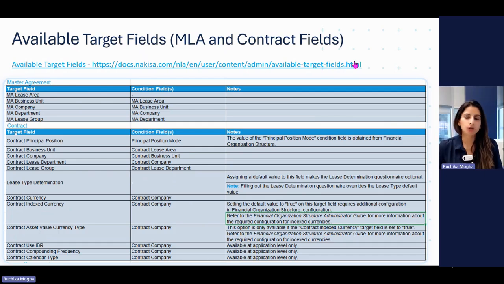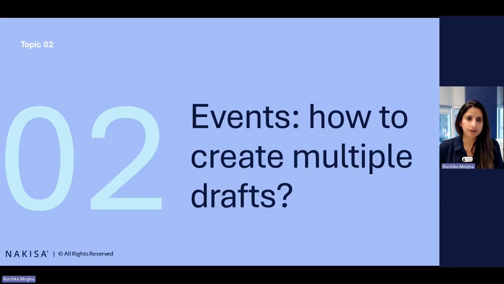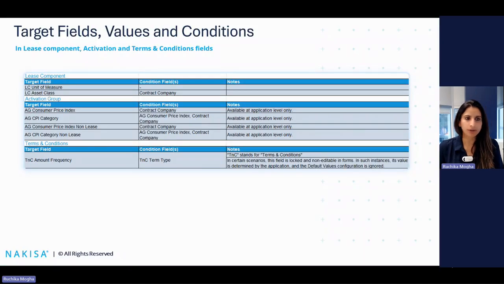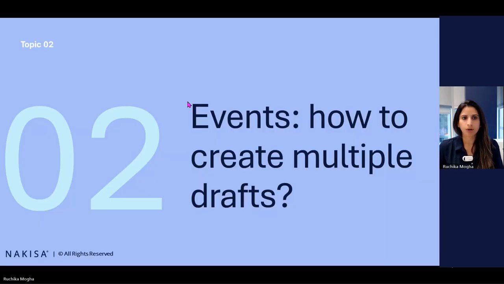Or when you actually come on the UI itself, you will see a drop-down menu as well. So I have listed here all the target fields that can be set up for the master agreement, the contract, lease component, and activation group.